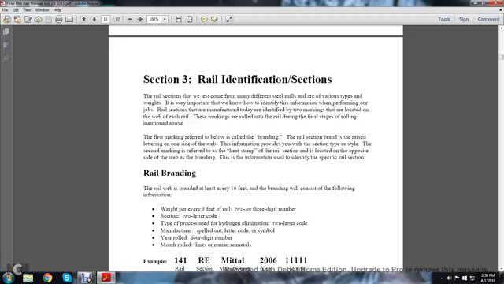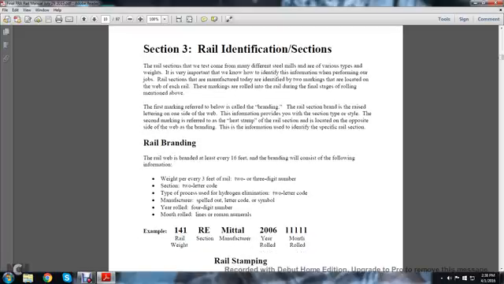All right, the rail brand. The rail web is branded at least every 16 feet. The brand will consist of the following information: weight per 3 feet of rail, a 2 or 3 digit number; section, a 2 letter code; process, hydrogen elimination, a 2 letter code; manufacturer, spelled out, a letter code or symbol; year rolled, a 4 digit number; and month rolled, in Roman numerals.